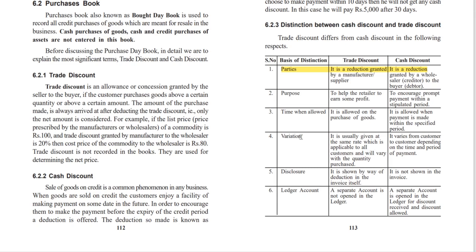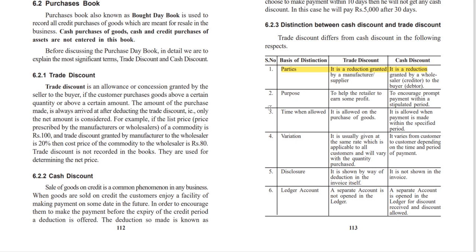You are buying a shirt valued at 1000 at a rate of 900 rupees. What does it mean? It means that the seller, the supplier of those goods, has given you 100 rupees of discount, right?